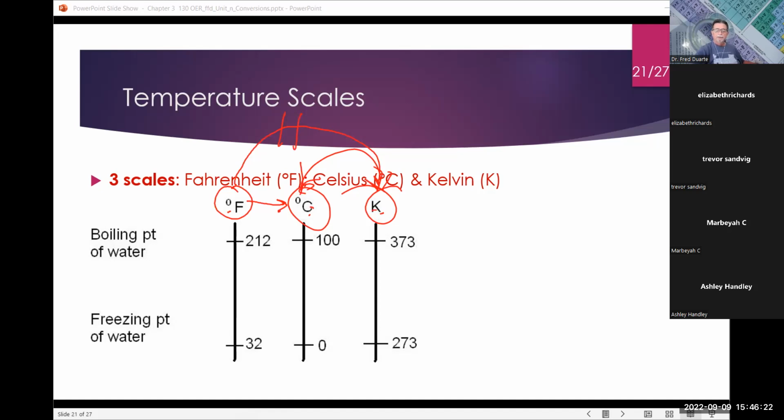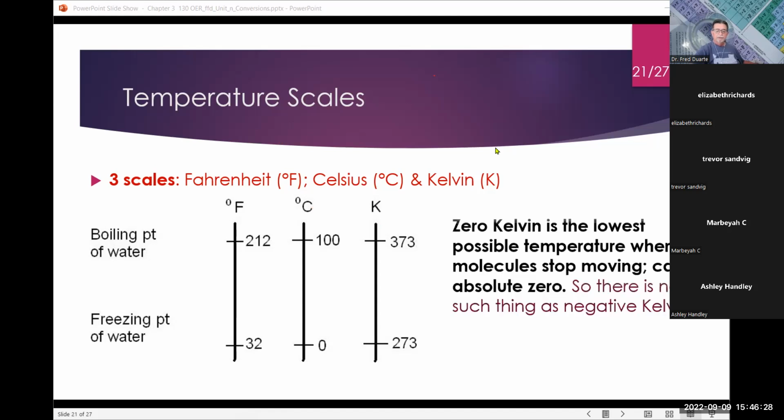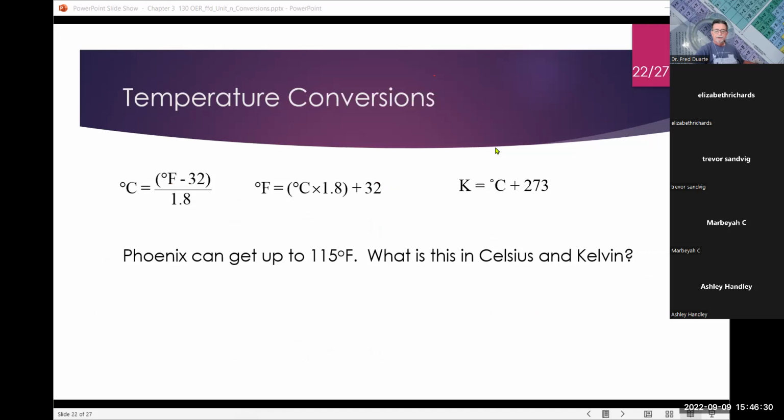Well, on the shapes table, you have a couple equations that are given to you. You don't have to memorize it. And that is the conversion equations from Fahrenheit to Celsius and from Celsius to Fahrenheit. Okay.